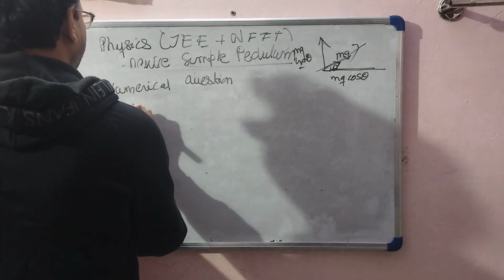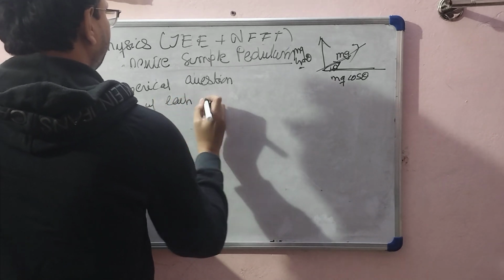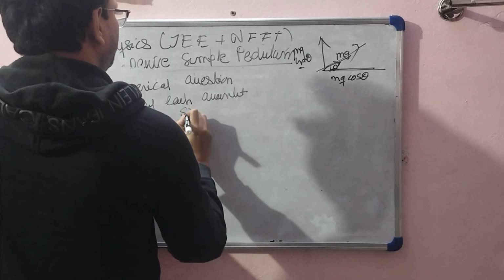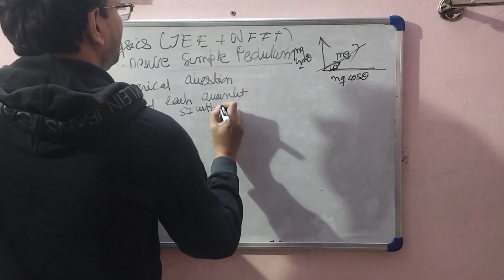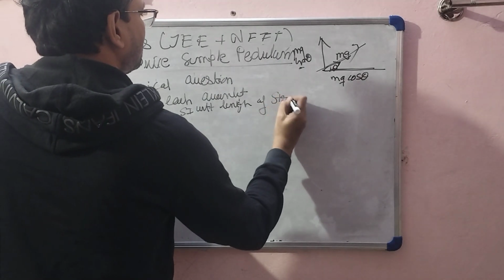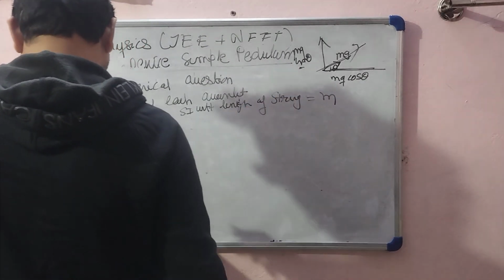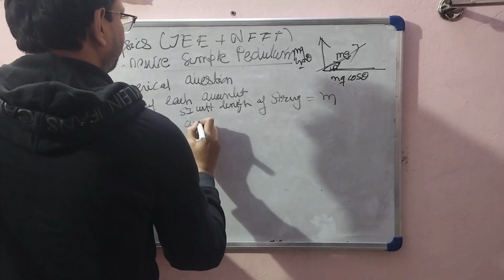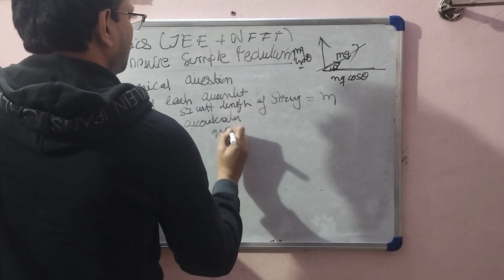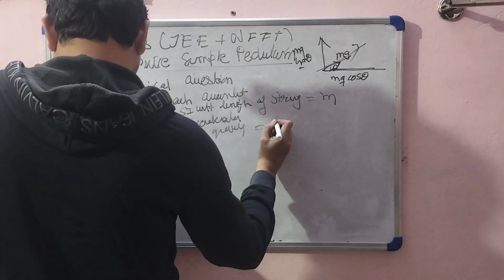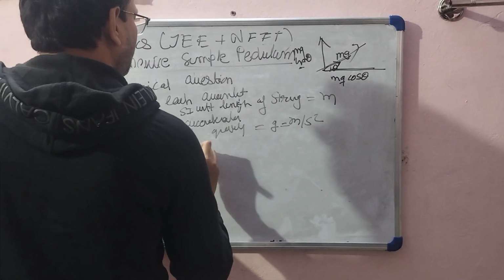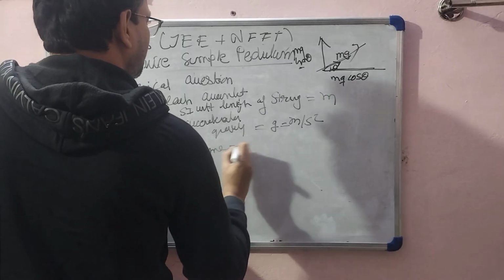Unit of each quantity: SI unit of length of string is meter, acceleration due to gravity g is meter per second square, and time period unit is second.